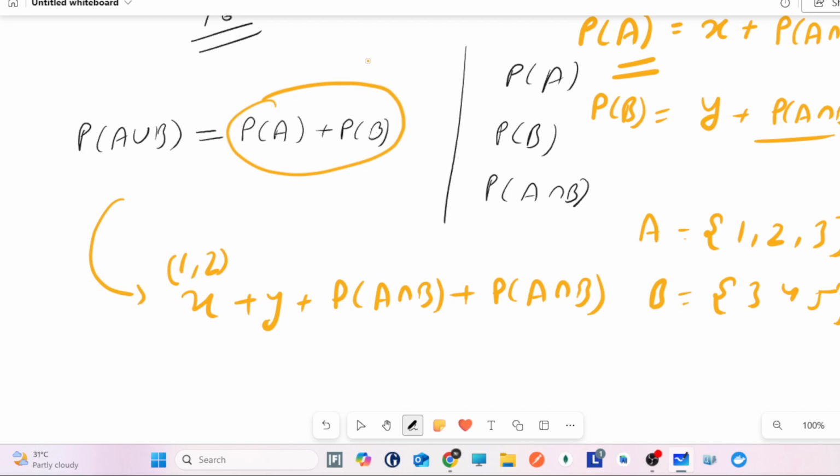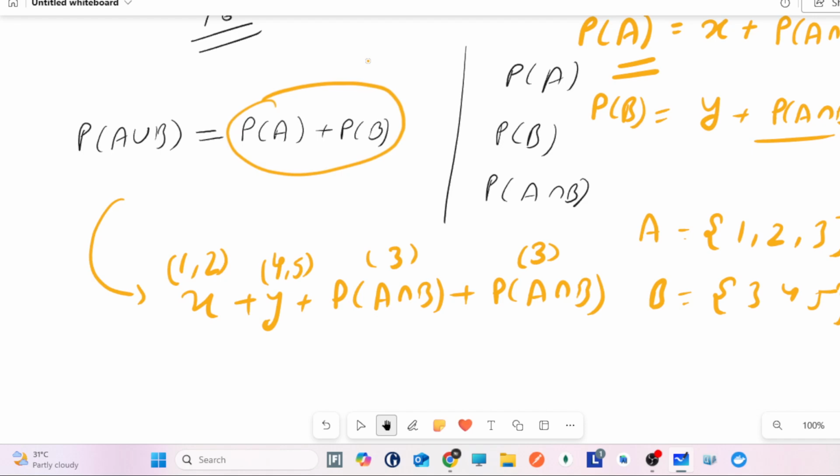In the Y portion, what I am considering is 4, 5. So what is absent in A union B? That is element 3. So this value represents 3. But here we are adding an extra 3. That is not necessary. That is not going to be part of A union B.